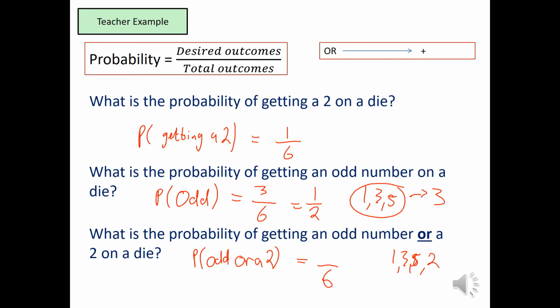So in total, we have 4 outcomes that we desire. So that is going to be represented as 4 over 6. Can we simplify this again? Yes, we can. We can divide top and bottom by 2. And that gives us 1 over 3. So our probability of getting an odd or a 2 on a die is a third. Let me just rewrite that a bit better. Here you go.